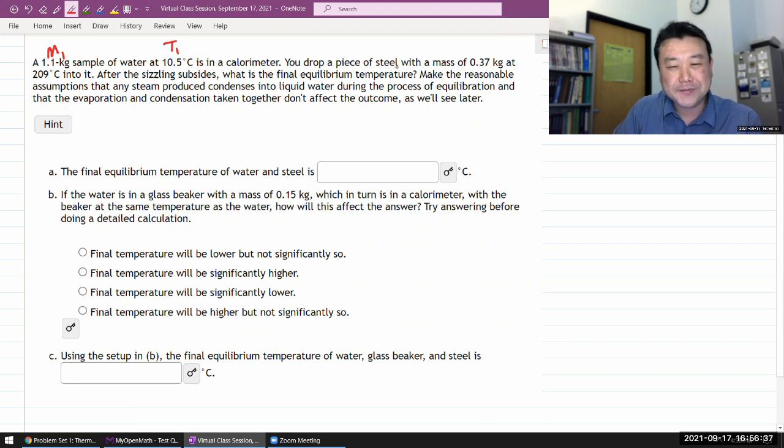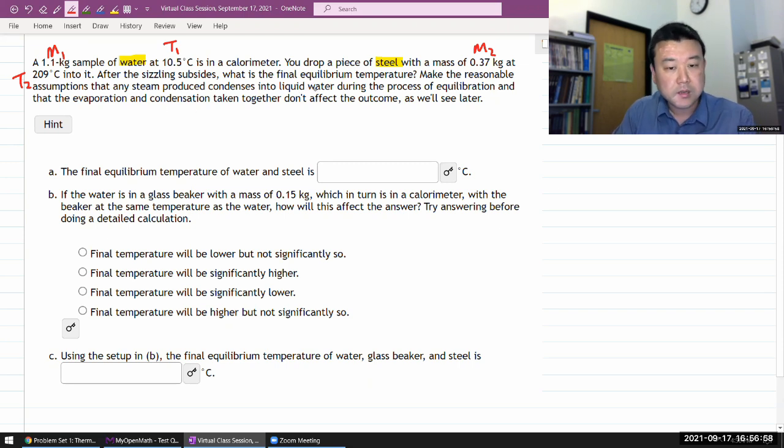You drop a piece of steel, with a mass M2 at some other temperature T2, into it. After the sizzling subsides, what is the final equilibrium temperature?